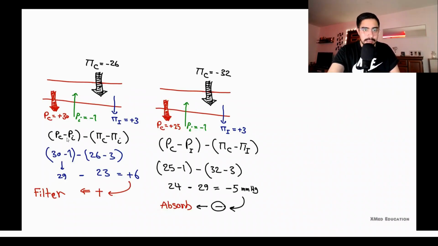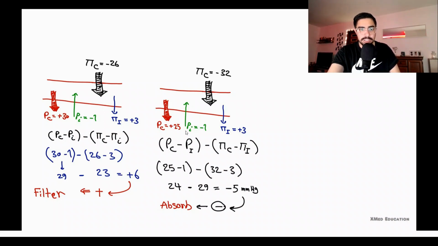Look at these examples for better understanding. As you can see, hydrostatic pressure here is 30, and this oncotic pressure is 26. So these are the major factors. That's why I mostly talk about these two, because the hydrostatic pressure of the interstitium and the oncotic pressure of the interstitium in a physiological condition are very low. So these are the two major factors that can change. And I showed the direction. Capillary hydrostatic pressure causes filtration, capillary oncotic pressure causes absorption, and if this number is greater than this number, we're going to have filtration.